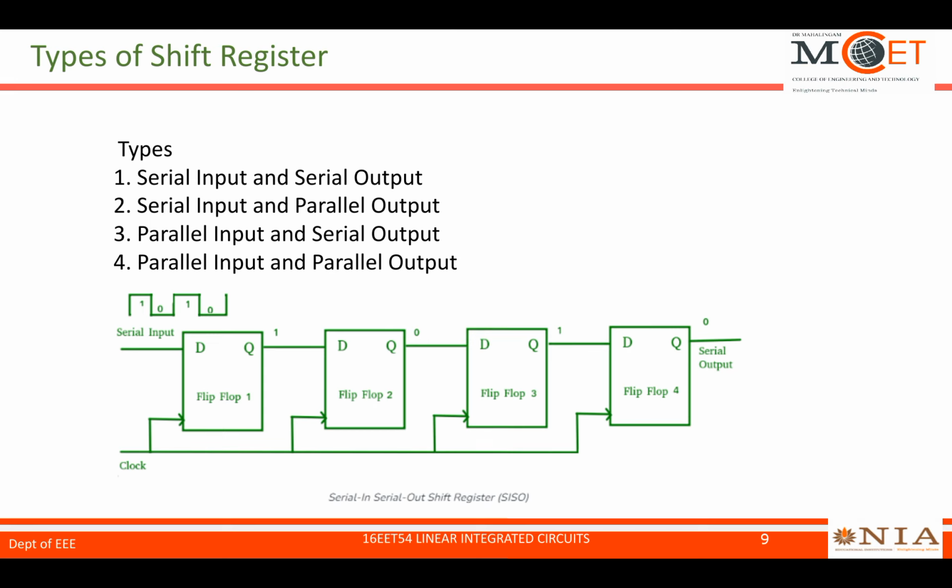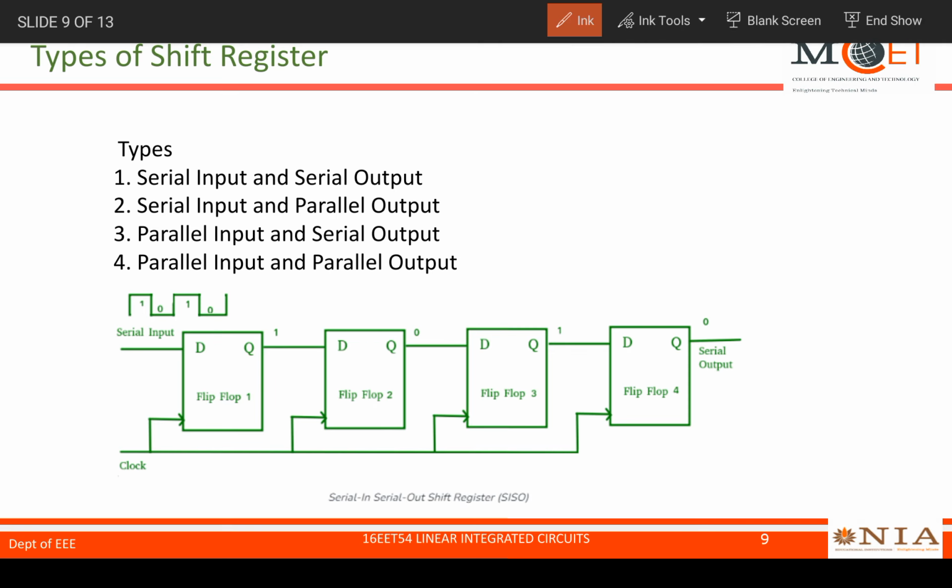Here I have given you the circuit diagram for the serial in, serial out shift register. In this block diagram, the shift register has D0, D1, D2, D3 as data inputs, and Q0, Q1, Q2, Q3 as data outputs.